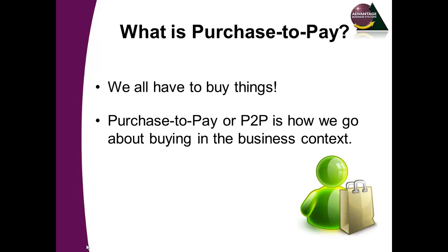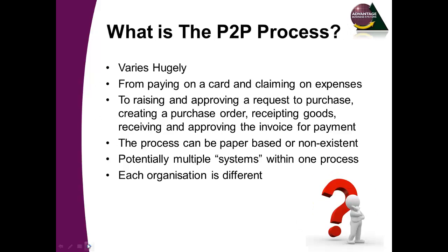Some organisations have got multiple systems and everybody does something slightly differently, and there's rekeying of data, and that's what we're going to look at today, is how we can get one system that has all of the necessary approval requirements throughout the purchasing process for you, whether you use purchase order processing or whether you just want approval of invoices.